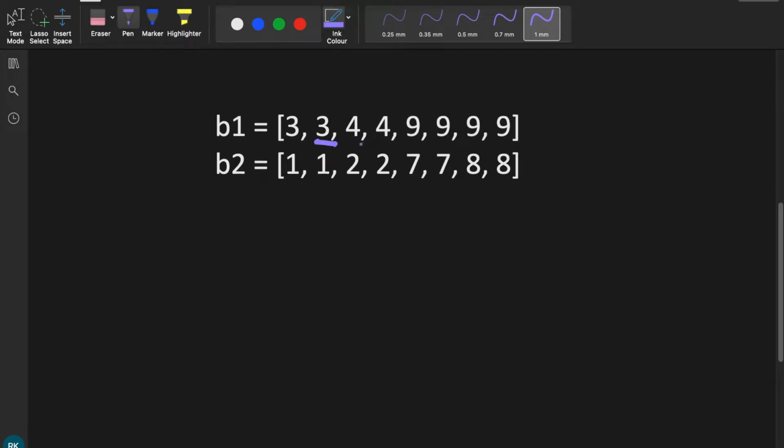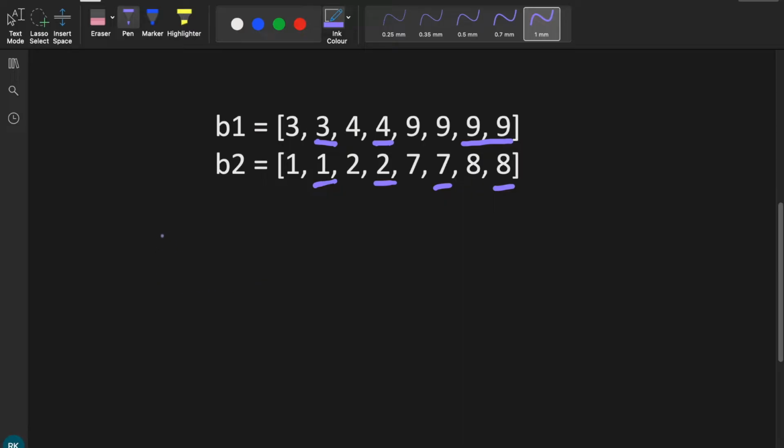Also there are two occurrences of 4 and there is no 4 in basket2, so we have to transfer one 4 also, and there are four 9s in basket1, so we have to transfer two 9s also to basket2. And when we look at basket2, there are two 1s and there are no 1s in basket1, so we transfer one 1, and in a similar way we will transfer this 2, 7 and this 8. So when we transfer these numbers, they will make both basket1 and basket2 equal.